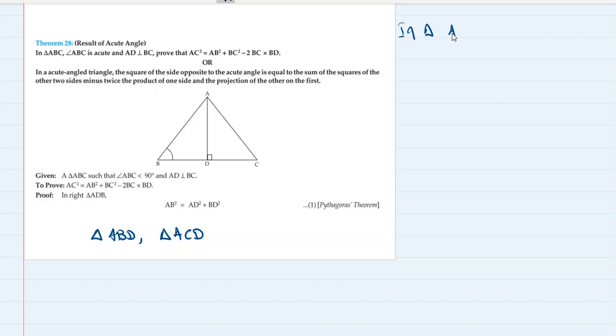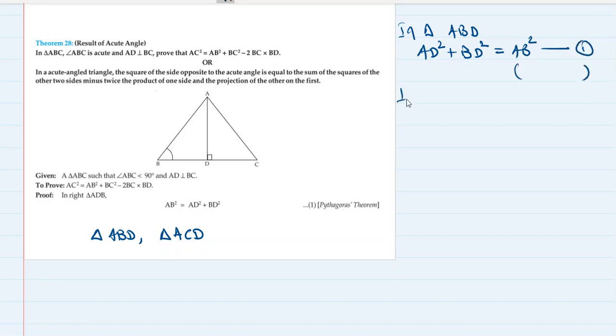In triangle ABD, AD square plus BD square is equal to AB square. Equation number 1 by Pythagoras theorem.